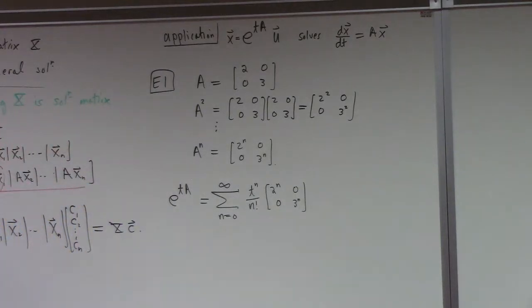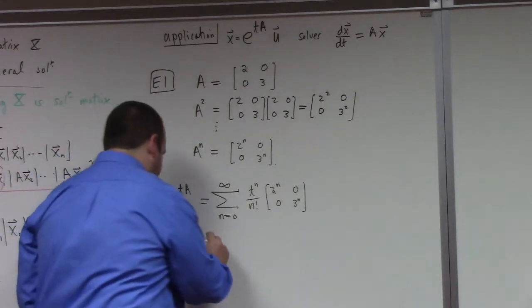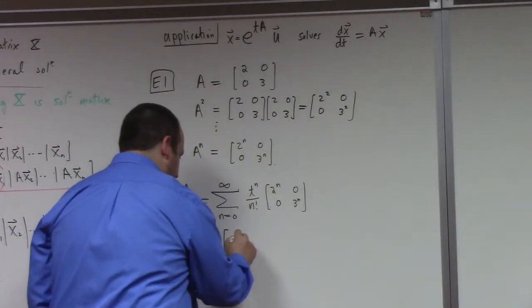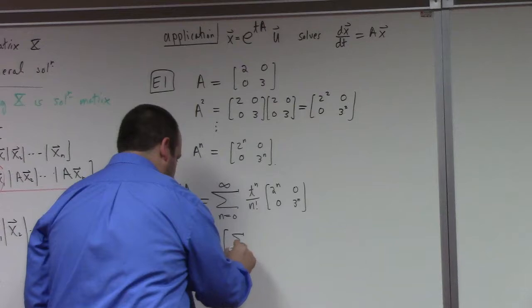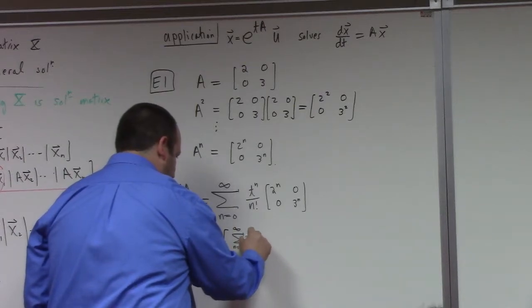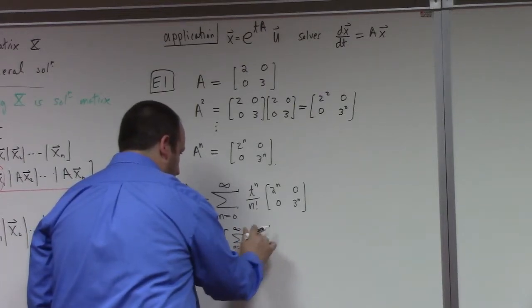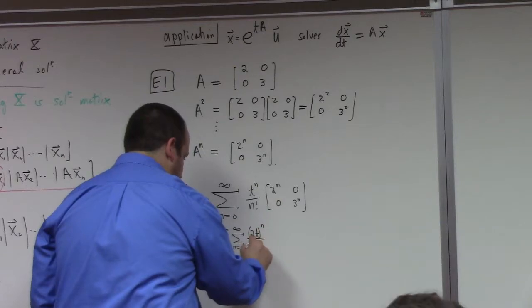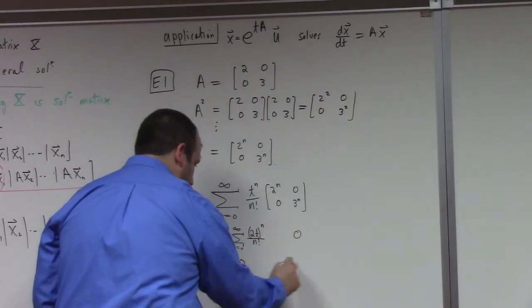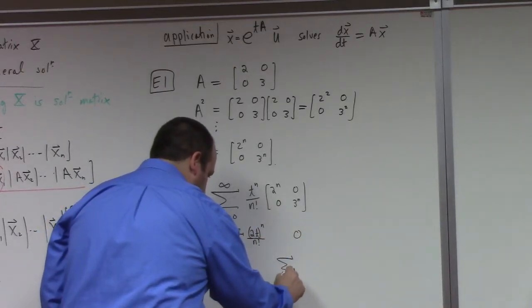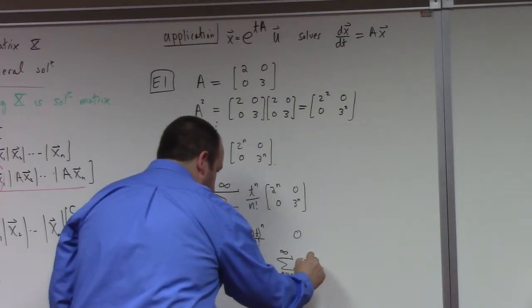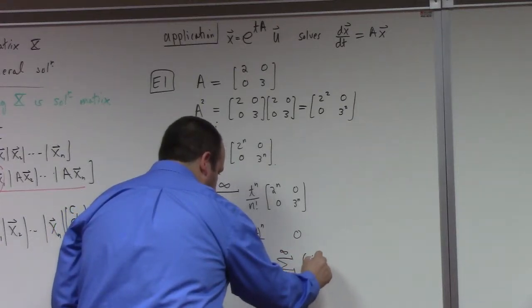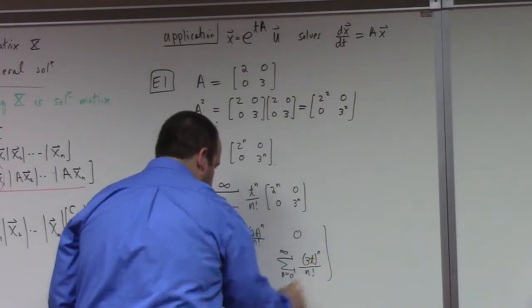Then we can rewrite this as a big matrix: the sum, n equals 0 to infinity, of 2t to the n over n factorial, 0, 0, and the sum, n equals 0 to infinity, of 3t to the n over n factorial.